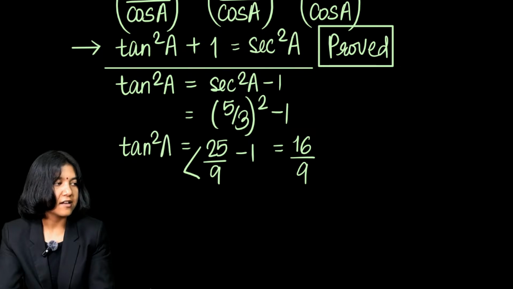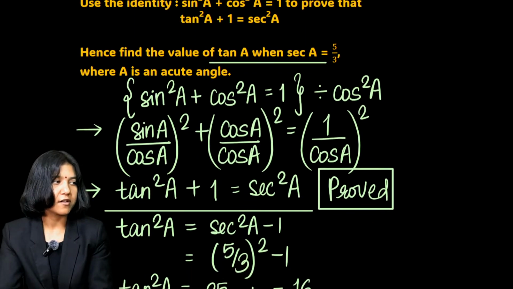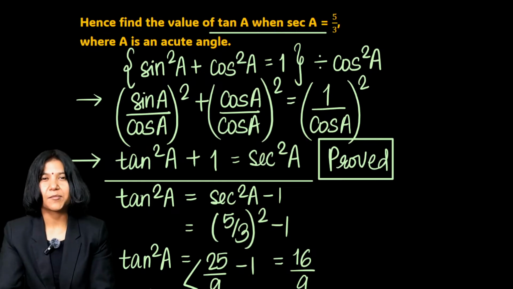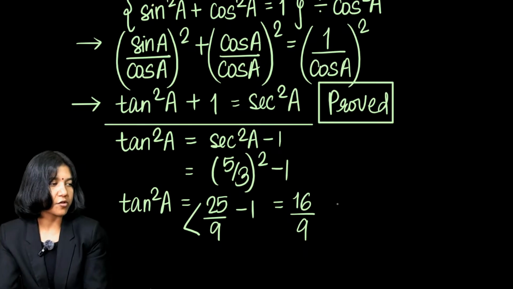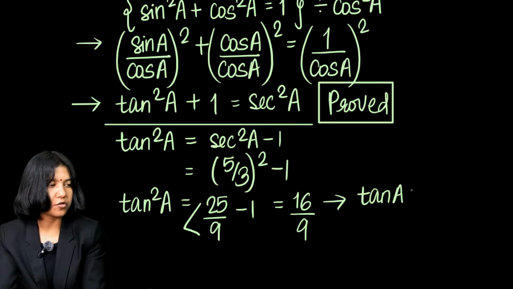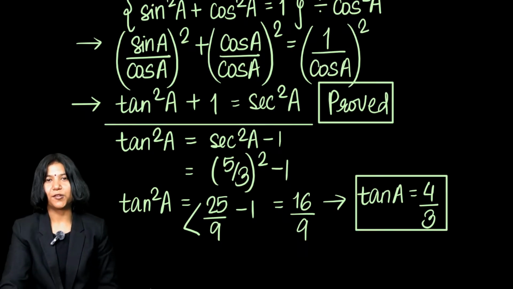Note that the question is asking you to find tan a, not the square. So I have to take the square root of this, giving me tan a equal to the square root of 16, which is 4, over the square root of 9, which is 3. Tan A is 4 upon 3.